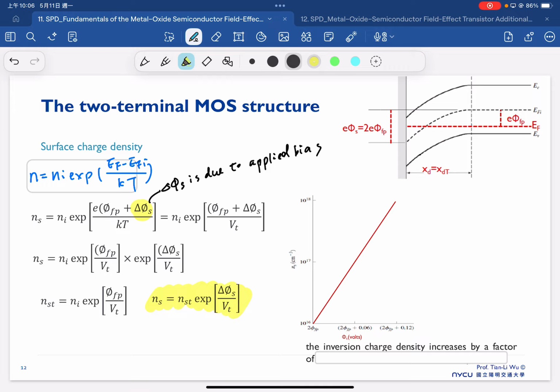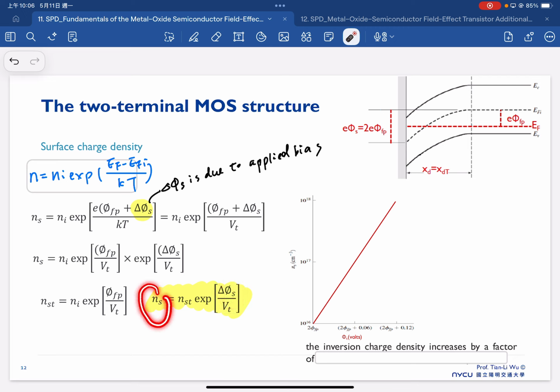This equation is very important because it shows us how our gate bias, which sets the surface potential, in the end influences our surface charge density here.